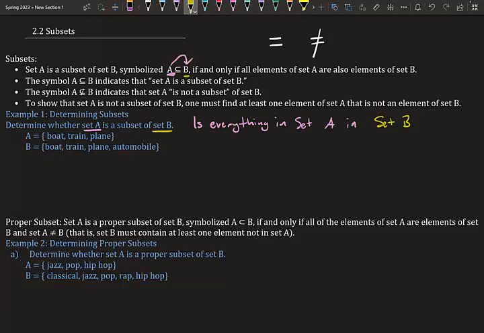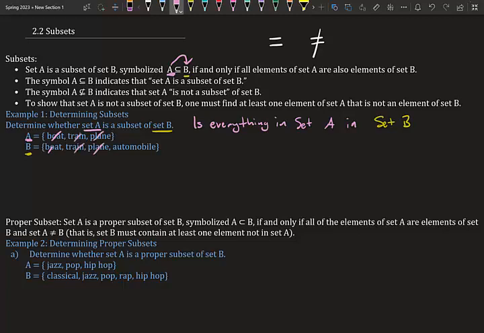If we look at set A, it's boat, train, plane. That is our first set. So let's see if it's in set B. Looking at set B, we have boat, we have train, and we have plane.